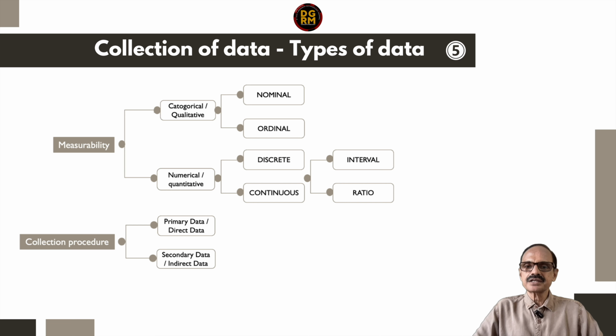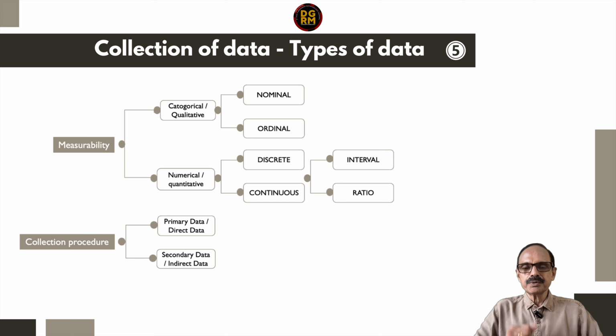If the data collected for one study is used for another study, then it is secondary data. According to measurability, the data is divided into two: categorical data and numerical data, or qualitative data and quantitative data.